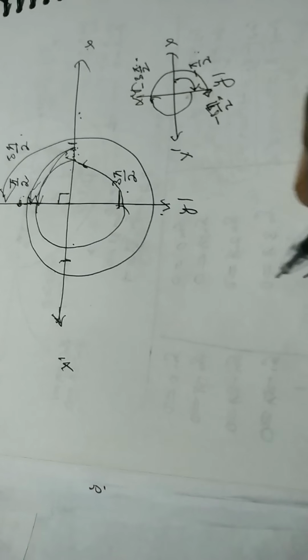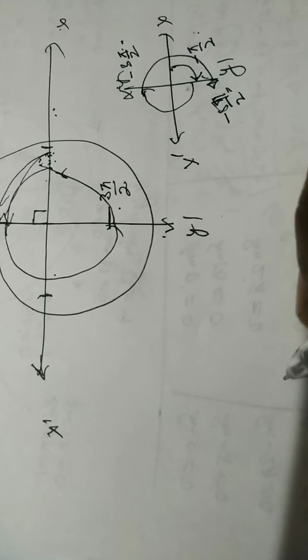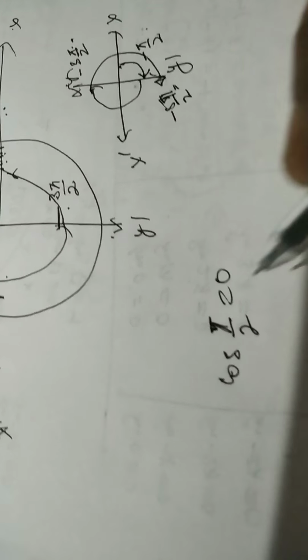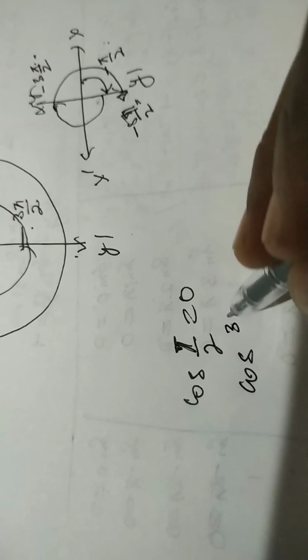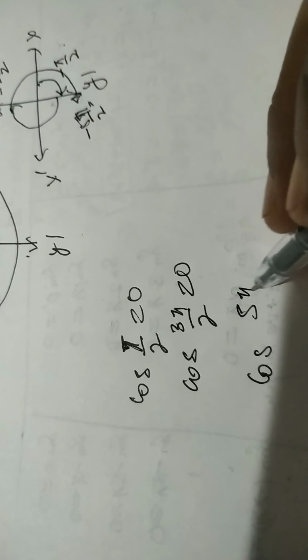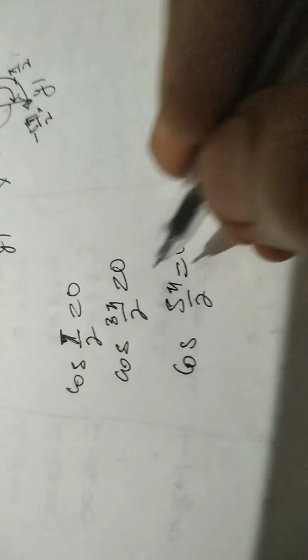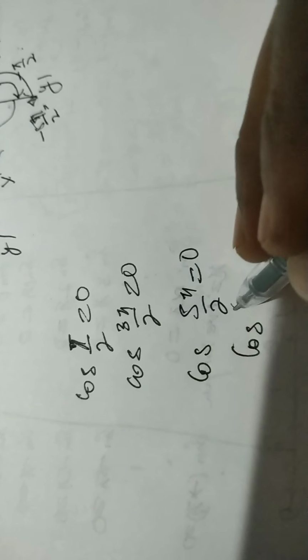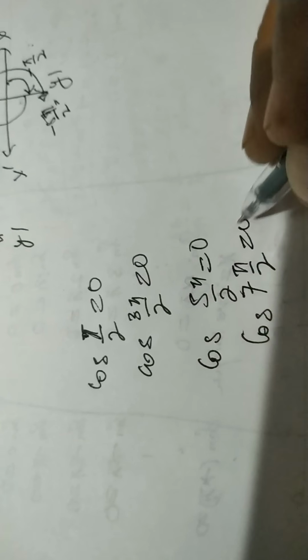So cos π/2 is 0, cos 3π/2 is 0, cos 5π/2 is 0, and adding π again, cos 7π/2 is 0.